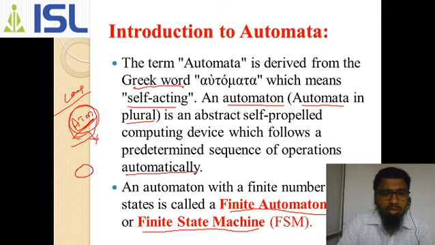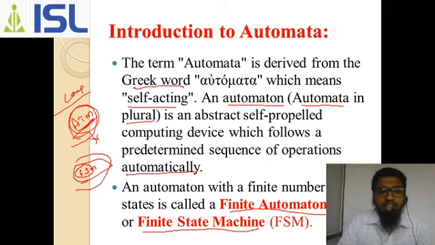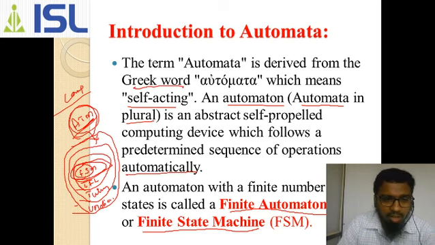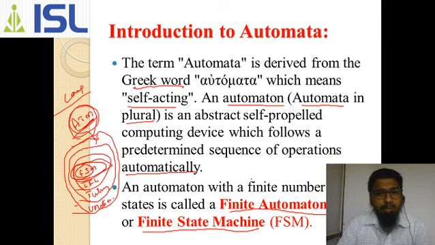In the first circle was FSM, in the second circle the context free language, in the third the pushdown automata or Turing machine, and in the last circle, unpredictable or undecidable. First we will see this FSM, finite state machine.